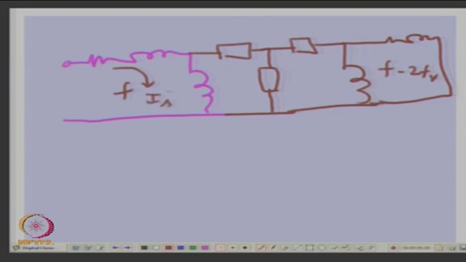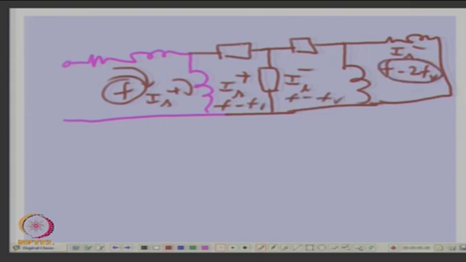This will be Is plus, IR plus, IR minus, Is minus. So, you will have this equation and you have the 4 equations with you. You can write an equivalent circuit of the 4 equations with 4 quantities: Is plus, Is minus, IR plus, IR minus. So, this will be frequency f minus fr, f minus fr, this will be f minus 2 fr, all referred to stator frequency.